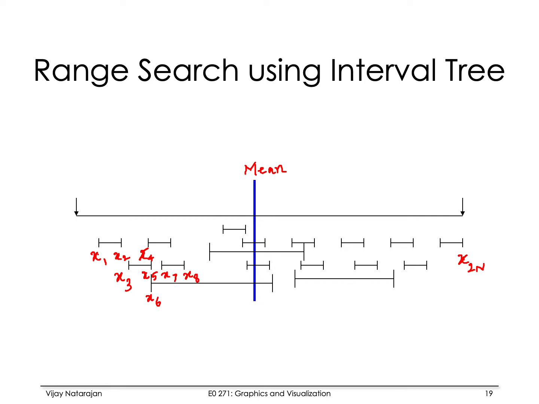We would like to use x sub n as the midpoint. So let's say this point here is x sub n. So I would like to choose the value corresponding to that. So this is x sub n, right? So this is the median.